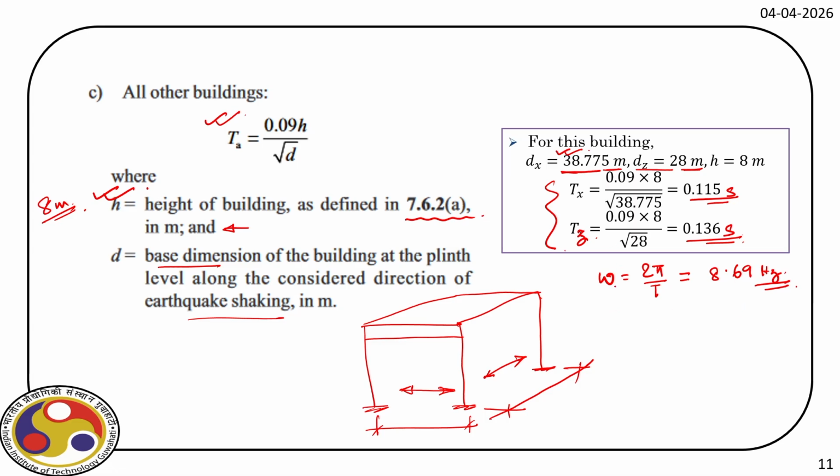So, say this is omega x and omega z is equal to, so this is actually fx. So fy or fz is equal to 1 divided by 0.136, which is 7.35.